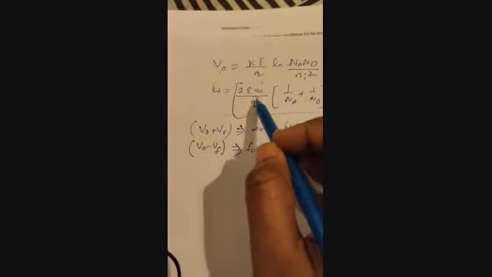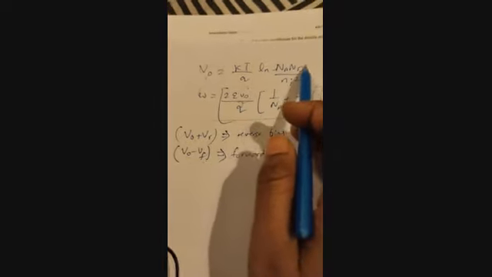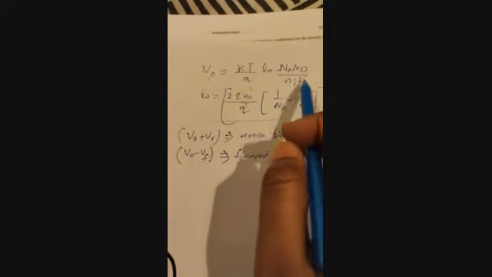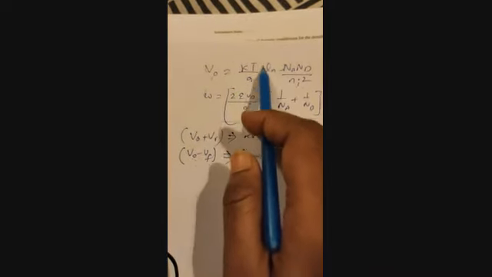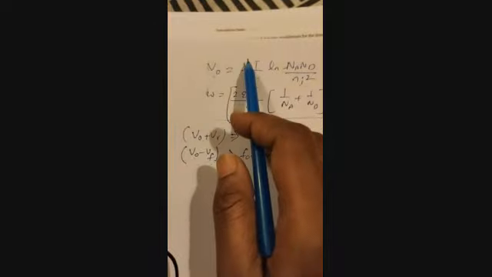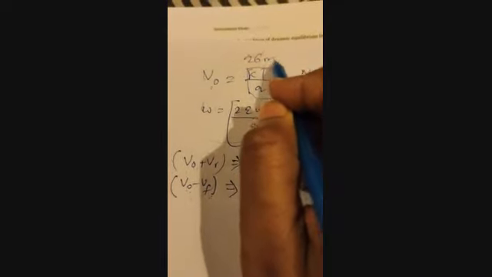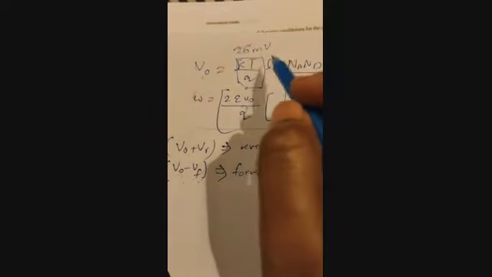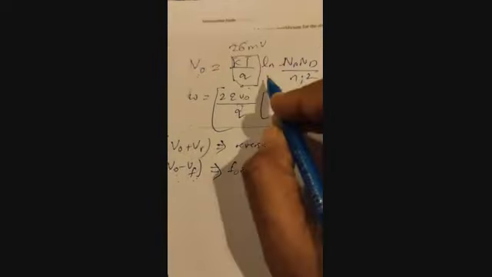As you know, V naught comes from NA, ND and Ni. The value of KT by Q is 26 millivolt, the volt temperature equivalent. I have told you about this value earlier, and when I discuss the small signal model, I will tell you more about it. Presently I can say that it is the volt temperature equivalent, that's it.